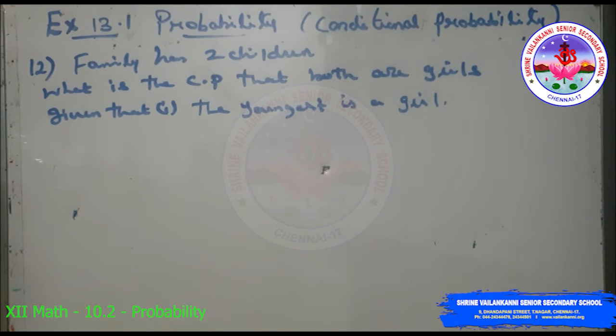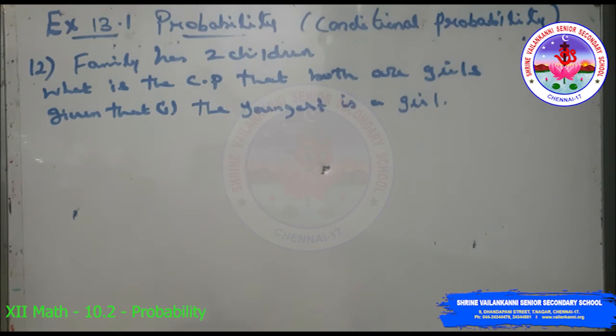Twelfth question. Assume that each born child is equally likely to be a boy or a girl. If a family has 2 children, what is the conditional probability that both are girls, given that first, the youngest is a girl?